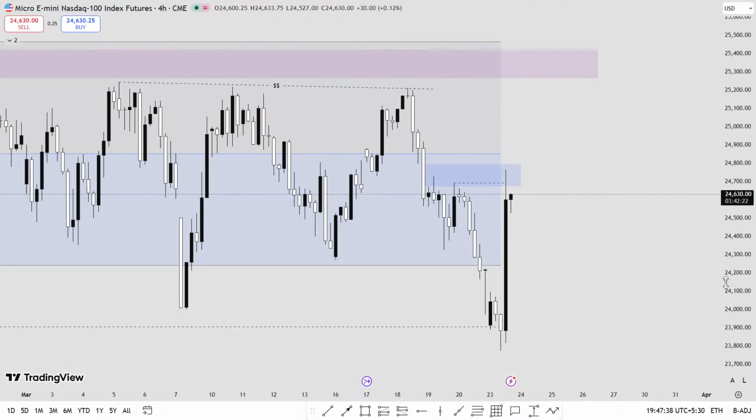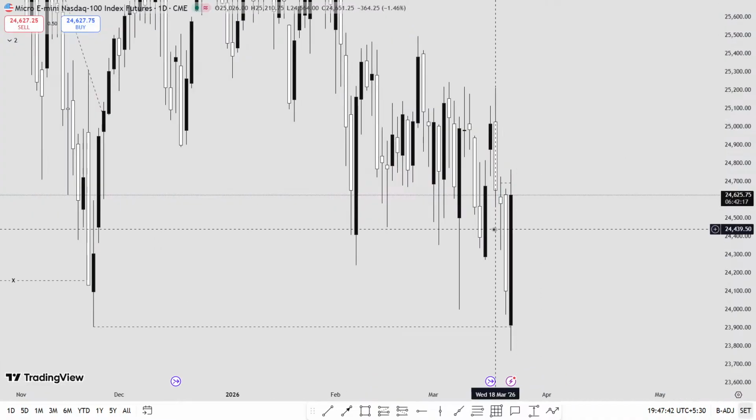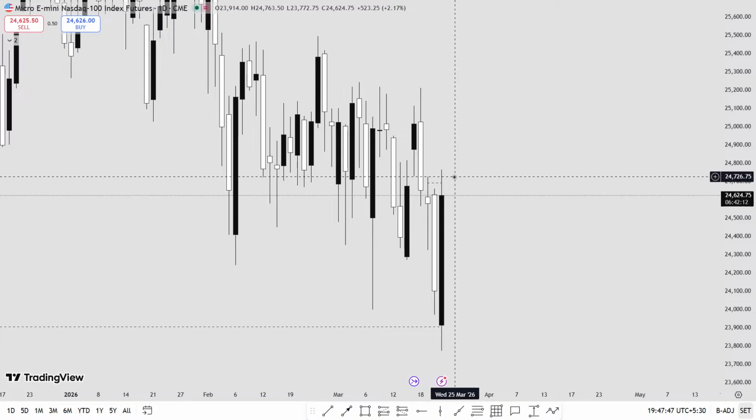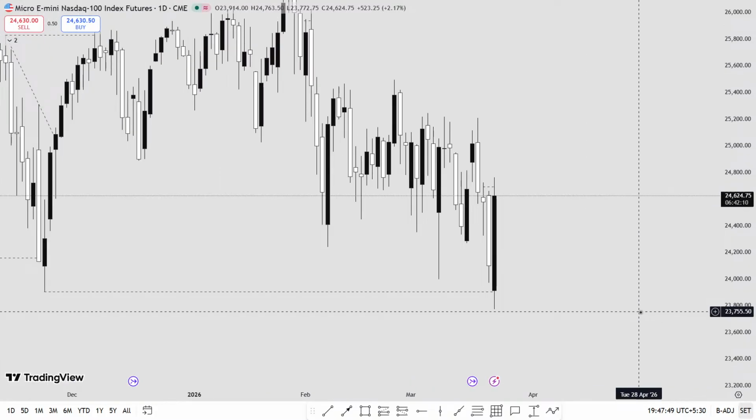The reason behind why I'm looking for the selling opportunities is because market took the Friday high and Thursday high. So that's why I'm looking towards the downside moves.